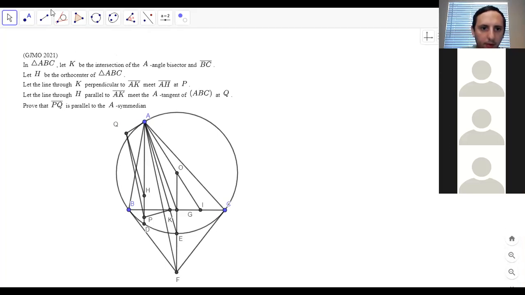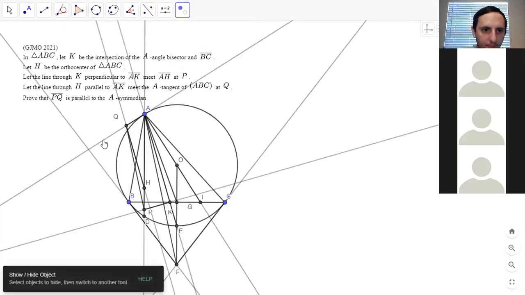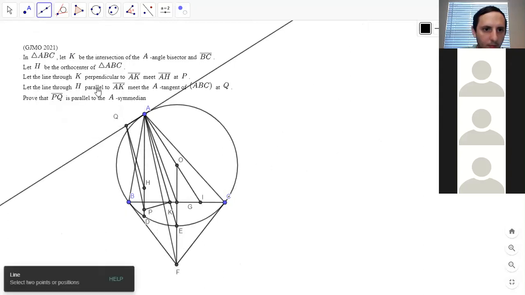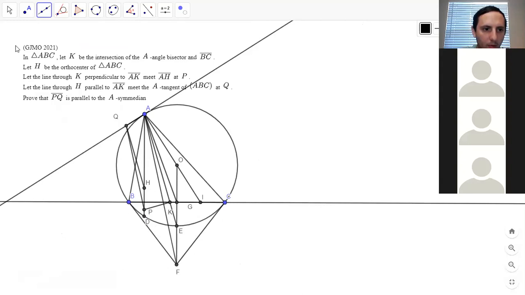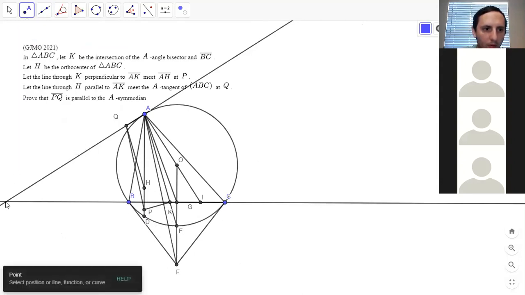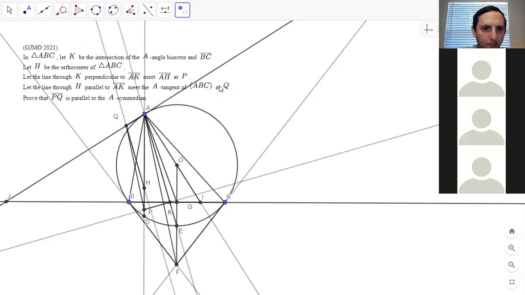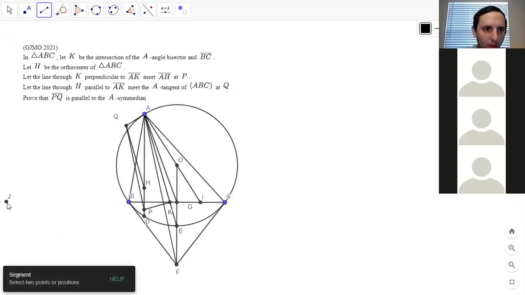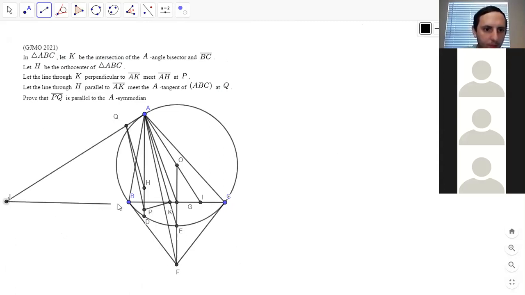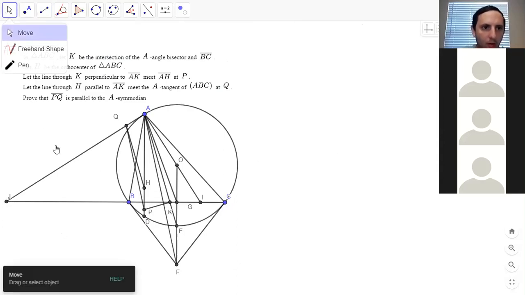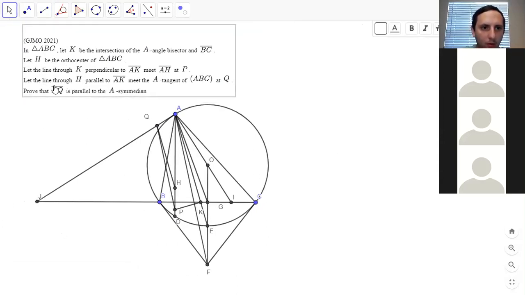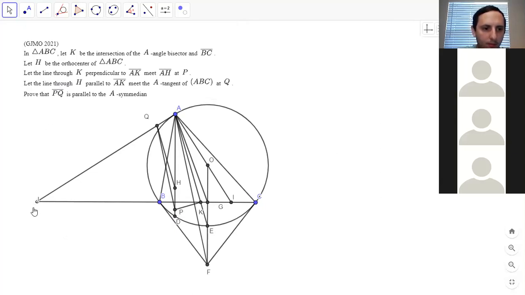And I let QA intersect BC. Yes. See if we have any collinearities.